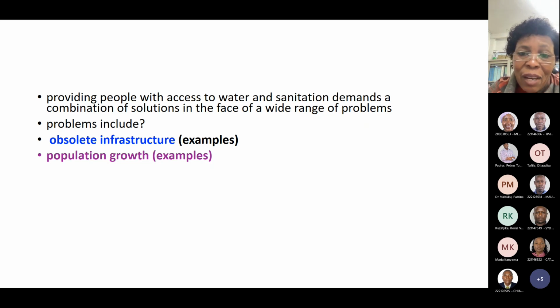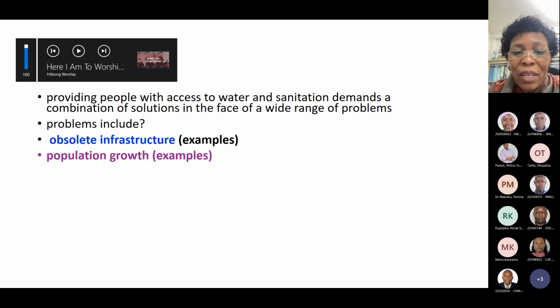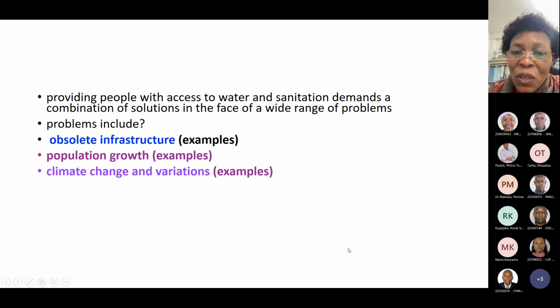But again, I'm very much cognizant of the variations. Some countries are better off than others. And within a country, as I said, there are differentials, rural, urban, and the like. But population growth is one of the challenges to accessing water and sanitation.